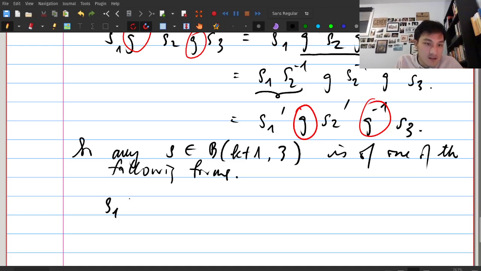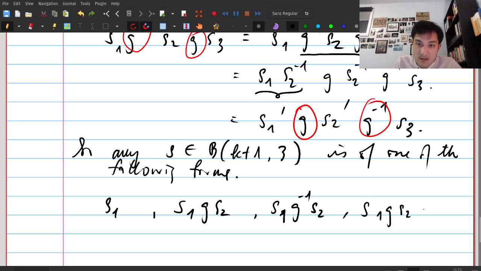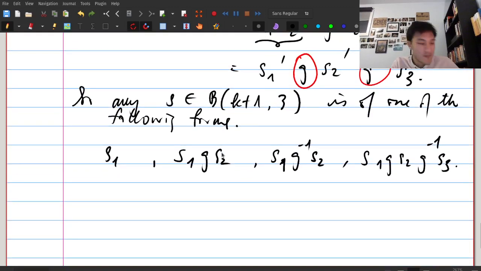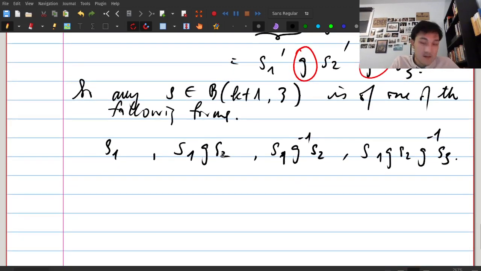So S could be just S1, or it could be S1 G S2, or S1 G inverse S2, or else it could be S1 G S2 G inverse S3. And of course, we just showed that we can't have the inverse first. So that's it. There are 4 possibilities. And of course, S1, S2, S3, if they're there, would be in B k 3, the previous group.